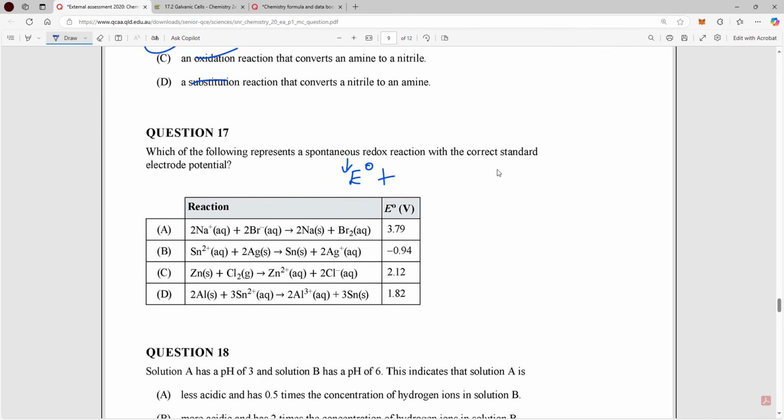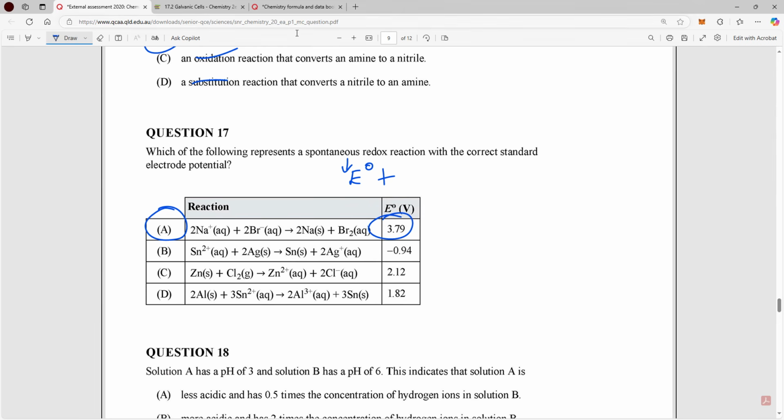So, straight away, most people are going to say A, but I'll tell you why it's not A. If you think about this one here, you've got sodium and bromine, and they give you this value here. Because look at the last bit, they said with the correct standard electric potential. This actually isn't correct.